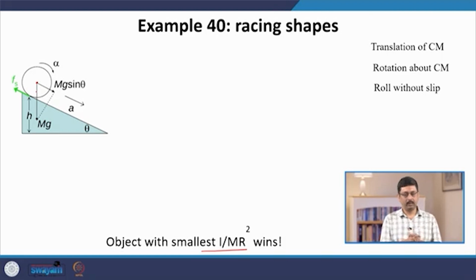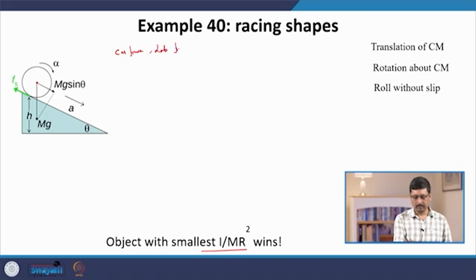The natural thing is to analyze it using the center of mass as a reference point in the lab frame. So, we divide the motion into two parts. The first part is translation of the center of mass. The second part is the rotation about the center of mass.